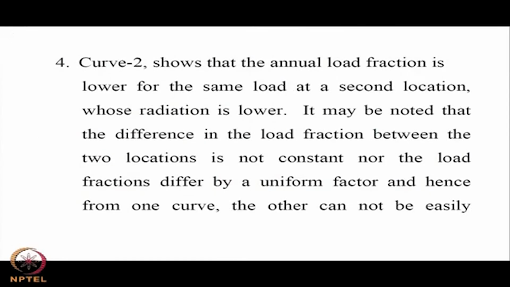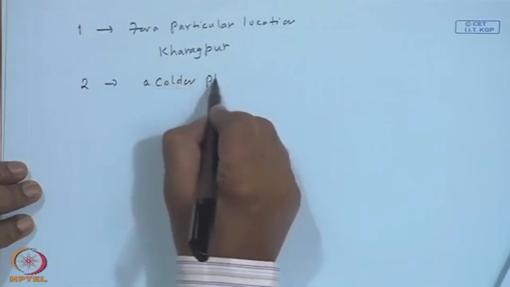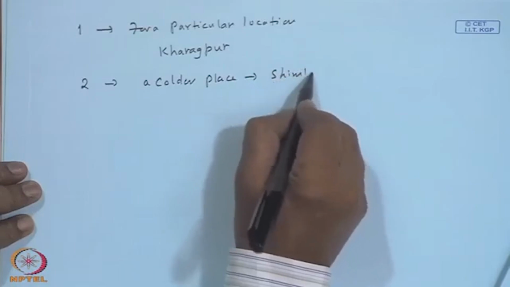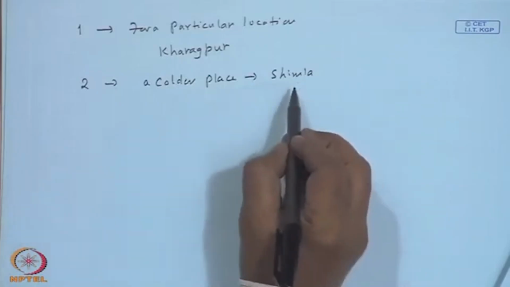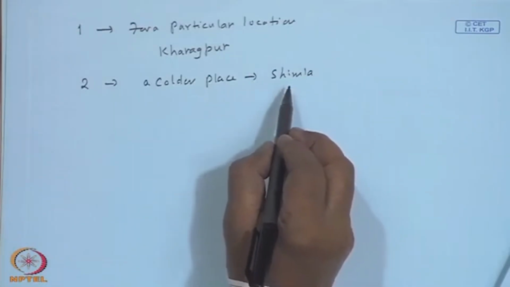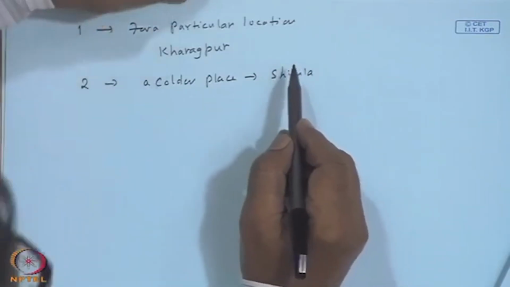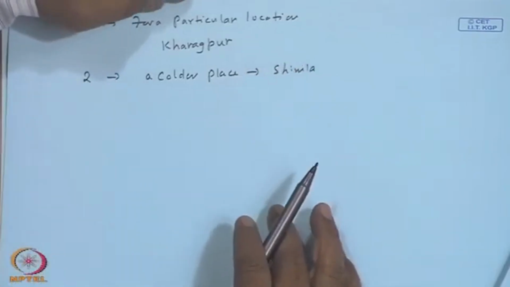This may be a colder place, maybe Shimla. So, the same system, if you put it in Shimla or a cold place, will deliver energy maybe the same or less, because my solar radiation is less, but the solar load fraction will be less on two counts.